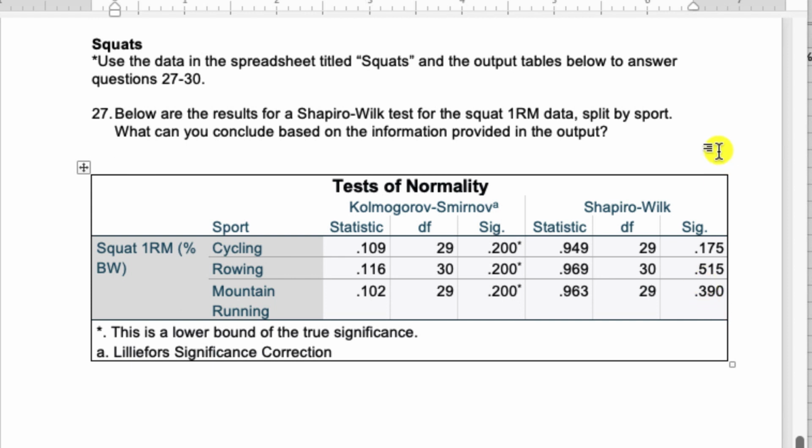So we might say that each p-value is greater than 0.05.